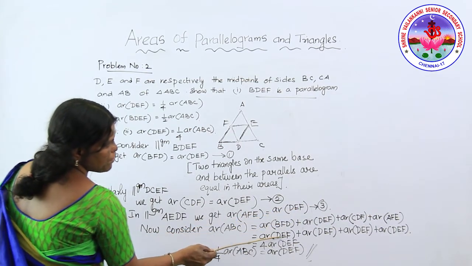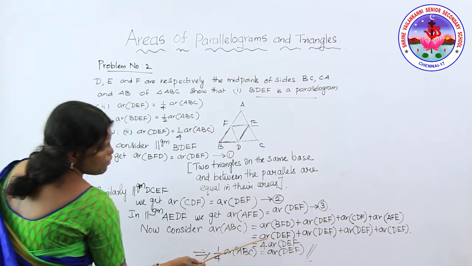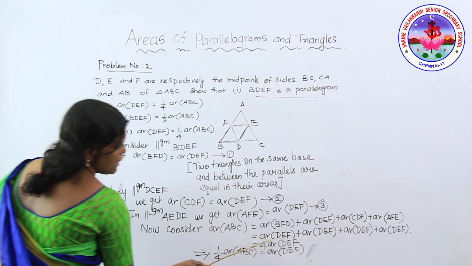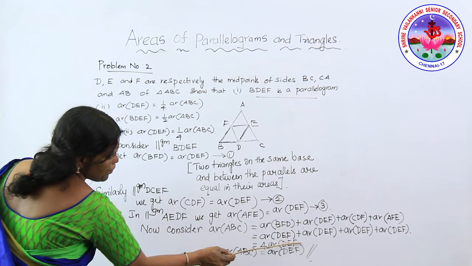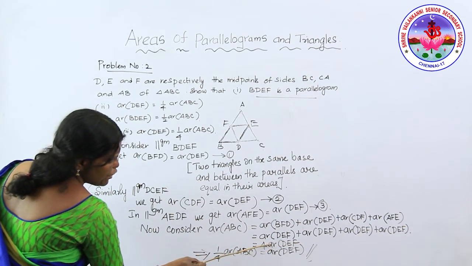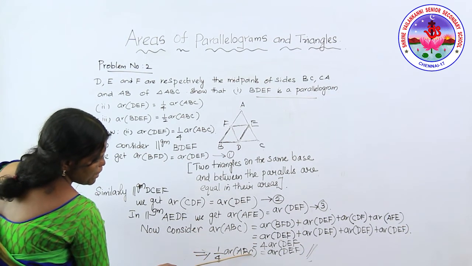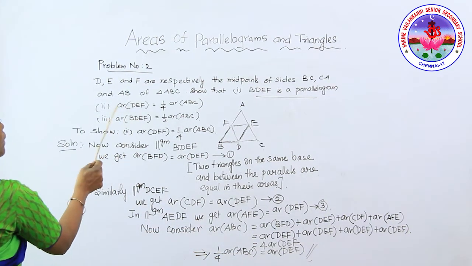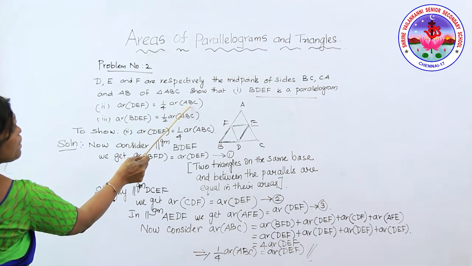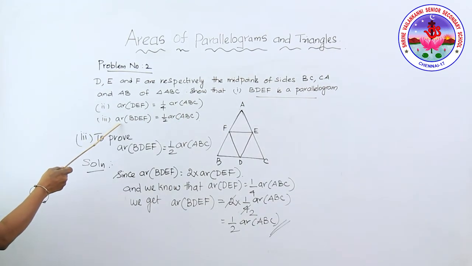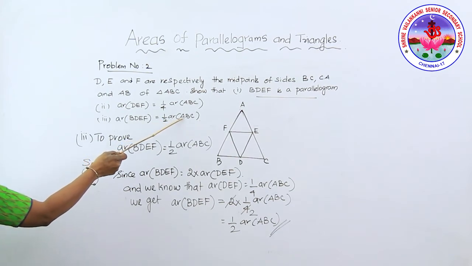So replacing BFD, CDF, AFE as DEF, I will get 4 times area of DEF. So area of ABC is equal to 4 times area of DEF, where area of DEF will be equivalent to, bringing this 4 here, 1 by 4 of area of triangle ABC. So hence I derived the second one, area of DEF is equal to 1 by 4 of area of the triangle ABC. Now the third subdivision, area of BDEF is equal to half of the area of ABC.